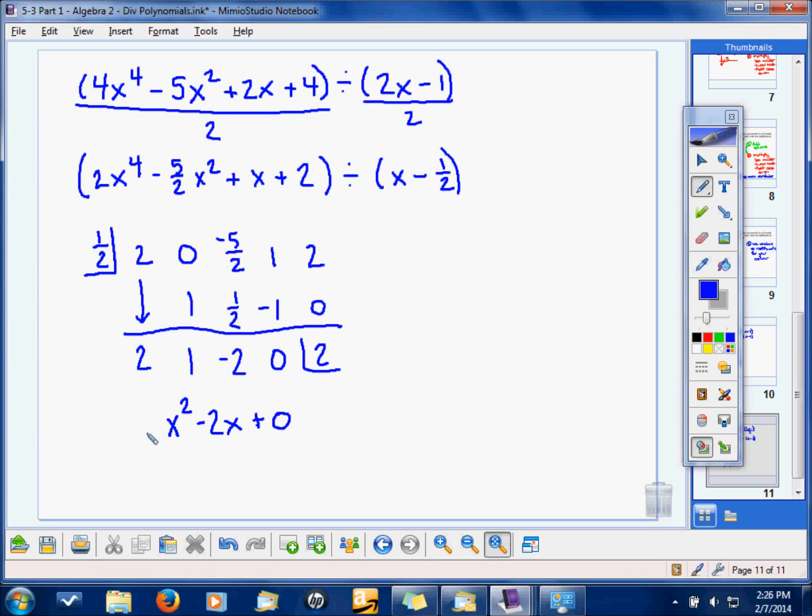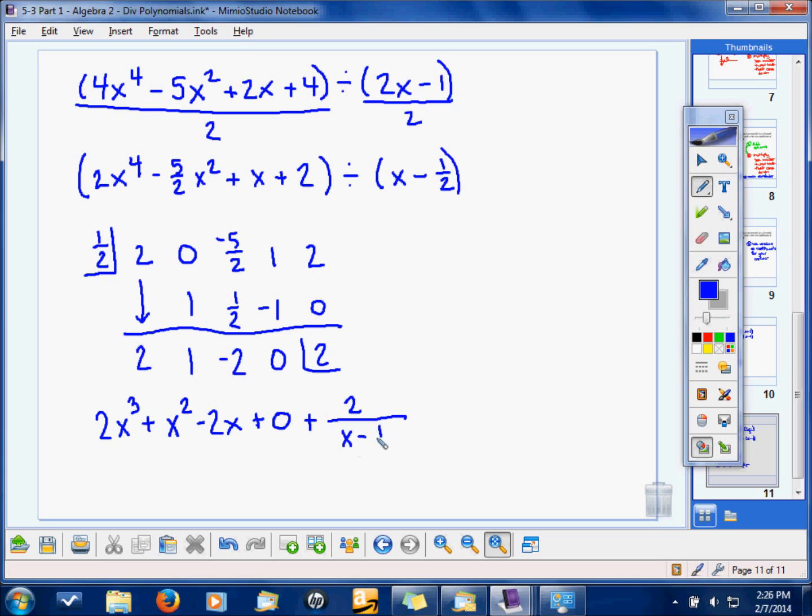And this one gets 2x to the third. So we're going right down with the place values: 0, negative 2, 1, 2. But then we have our plus 2 over x minus 1/2.